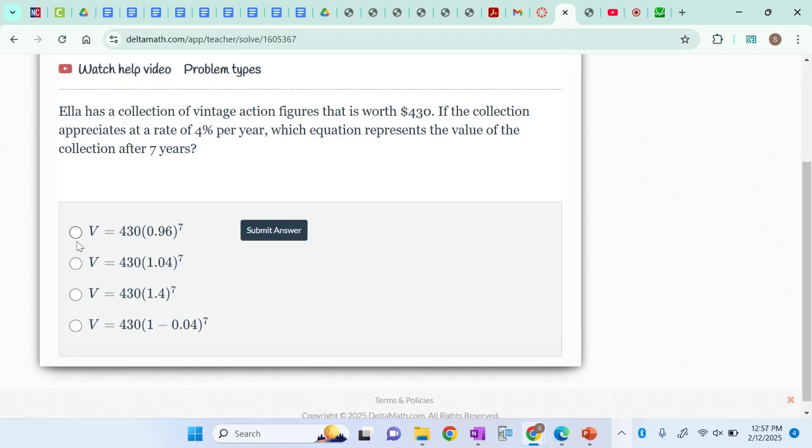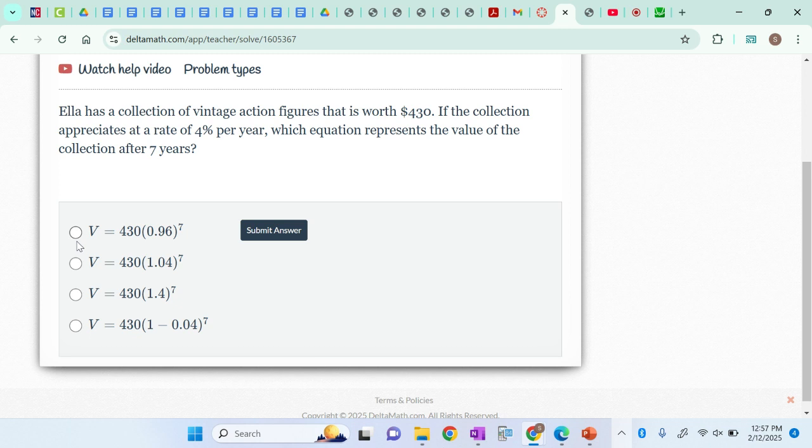Now we have all of our values except our a value. Where did it say I started? 430. So this right here is my starting value, or my a value. Now I have everything I need to put into this formula.